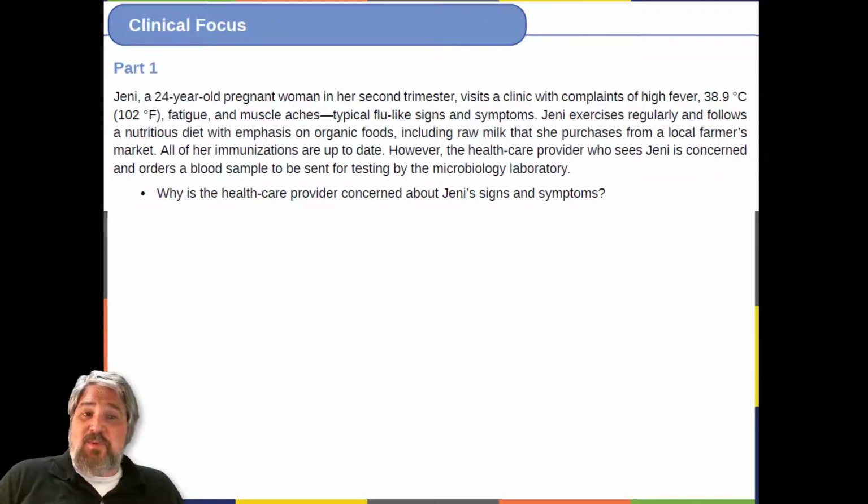Jenny exercises regularly and follows a nutritious diet with emphasis on organic foods, including raw milk that she purchases from a local farmer's market. All of her immunizations are up to date. However, the healthcare provider who sees Jenny is concerned and orders a blood sample to be sent for testing by the microbiology laboratory. Why is the healthcare provider concerned about Jenny's signs and symptoms?